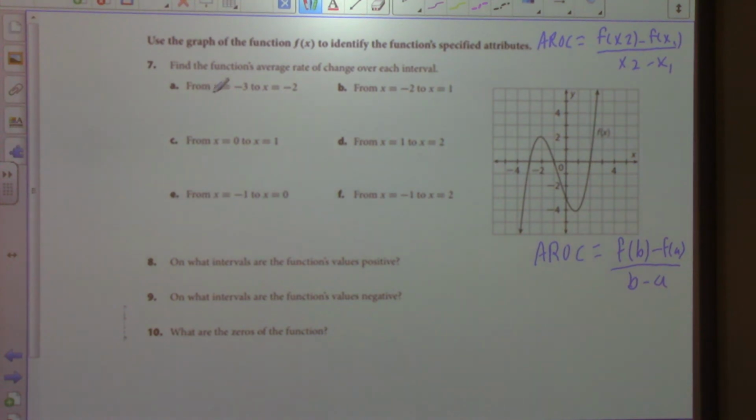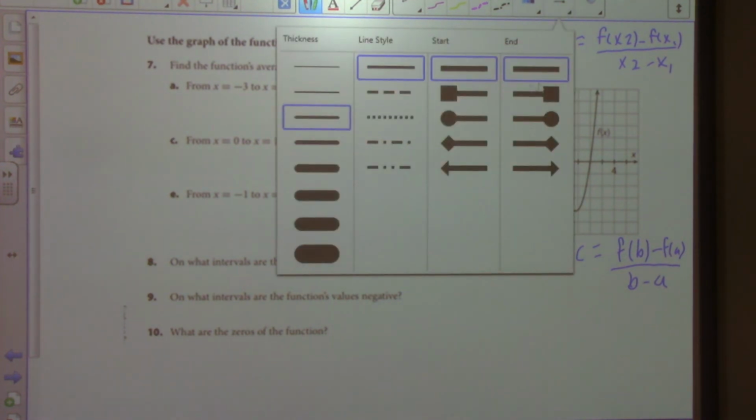So let's go ahead and use our formula to find these out. For A, we're looking for a rate of change between x equals -3 and x equals -2. So I'm just going to go over here to x equals -3, and I'm going to change to red just for better visibility, I hope.